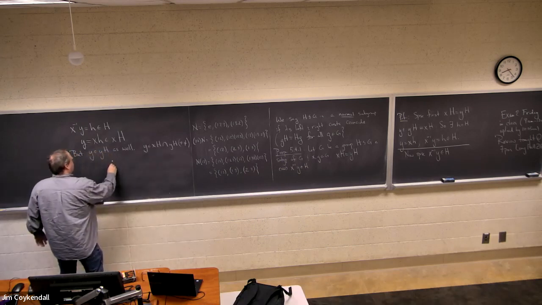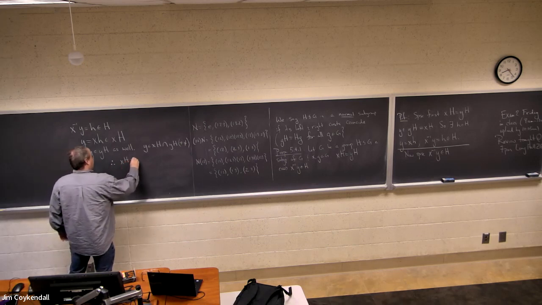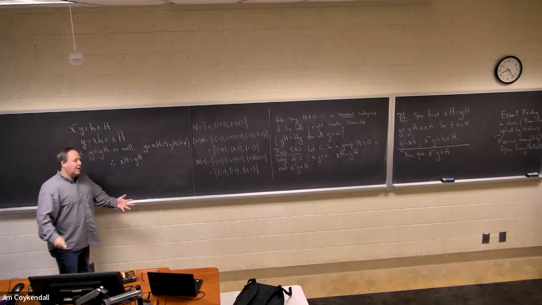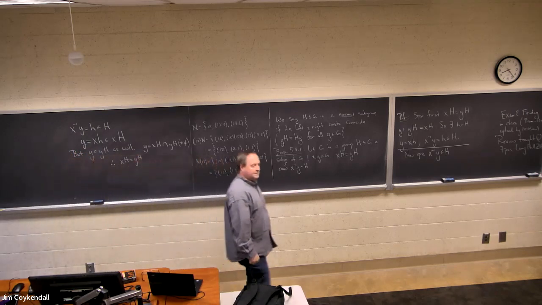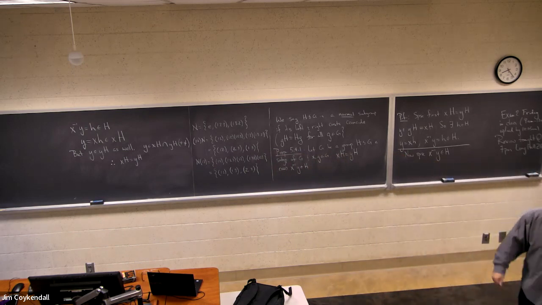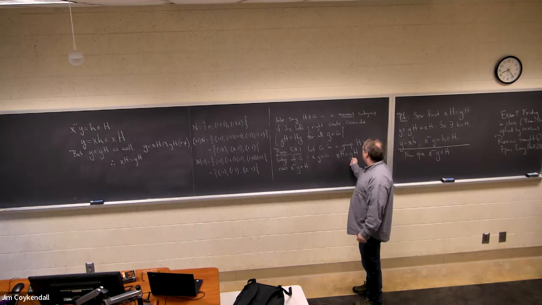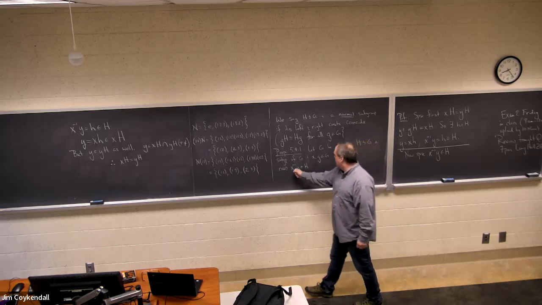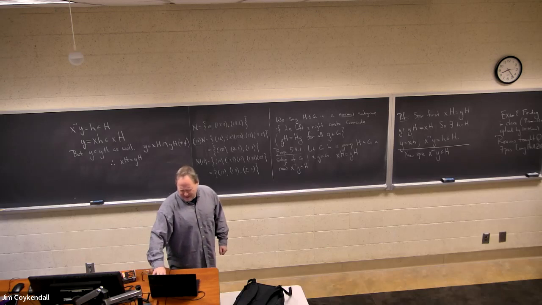Therefore, Uchenna, your observation, it's got some overlap, so they have to be the same. So let us keep this in mind here, that X and Y live in the same coset if and only if X inverse Y actually lives in the subgroup H.